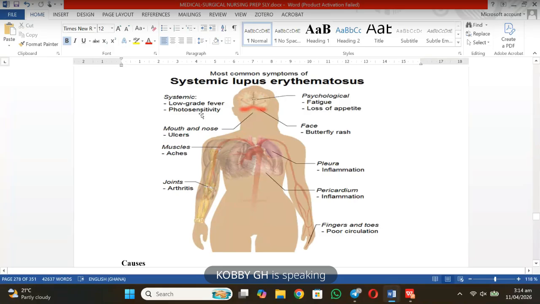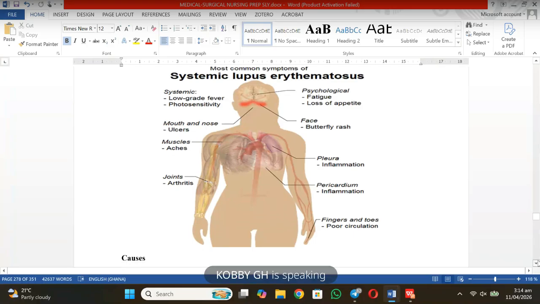Usually patients with lupus are photosensitive. In the nervous system, patients may end up experiencing seizures. This condition can affect the heart, causing inflammation of the heart and pericarditis. In the lungs too, it can cause inflammation, pleuritis.